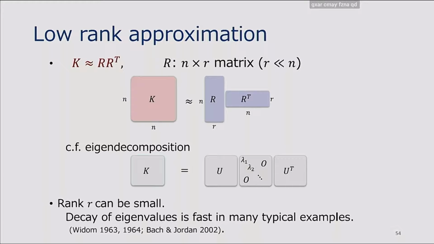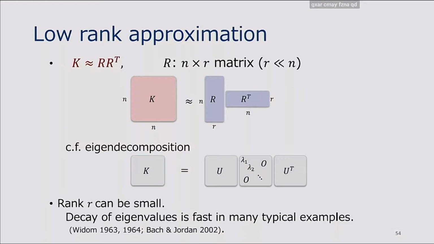And this is closely related to the eigendecomposition. If eigenvalues are non-zero only for r eigenvectors, then by using the square root of lambda, we can express the matrix K in this form, right? We can neglect many zero eigenvalues.